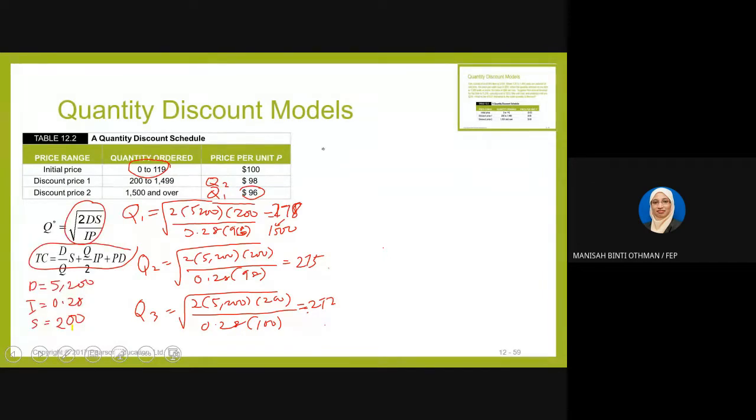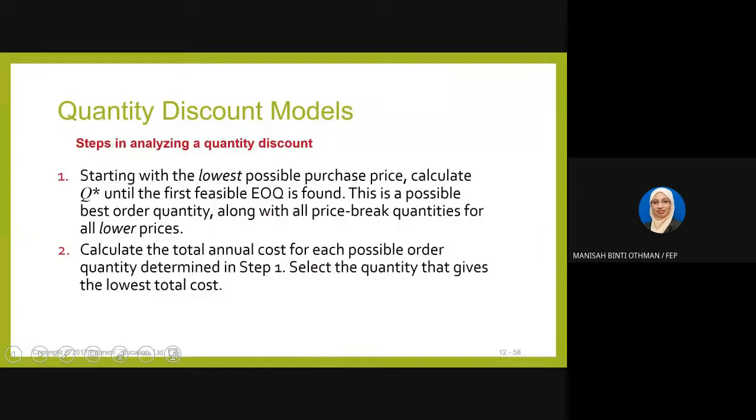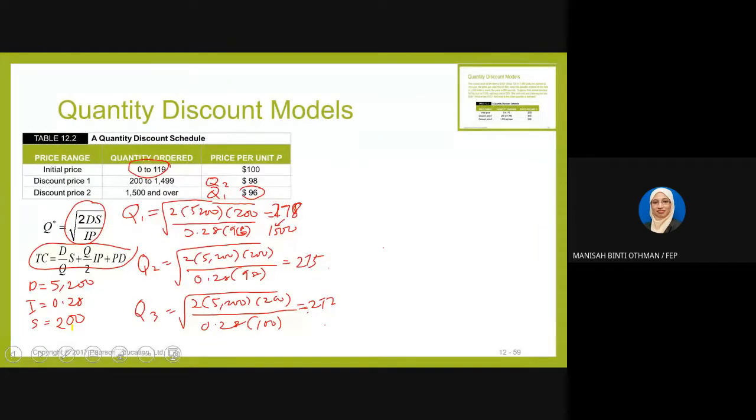So now total cost. Total cost 1 for 96: 5,200 divided by 1,005 times 200, plus the price times the annual demand, 96 times 5,200. To calculate here.